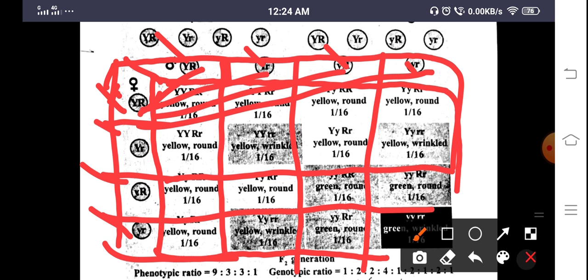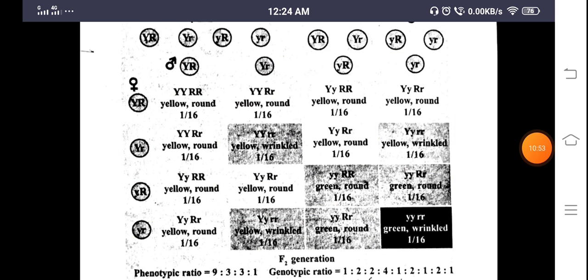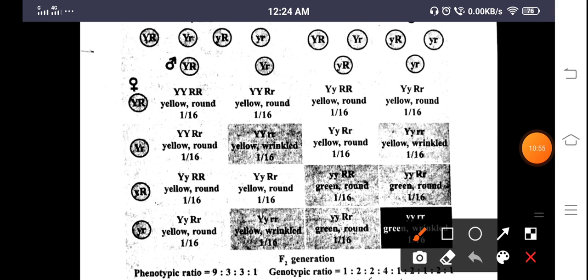In the first row we can see capital R, capital Y, capital R, capital Y, capital Y, capital R, capital R. Similarly, capital Y, capital Y, capital R, small r.